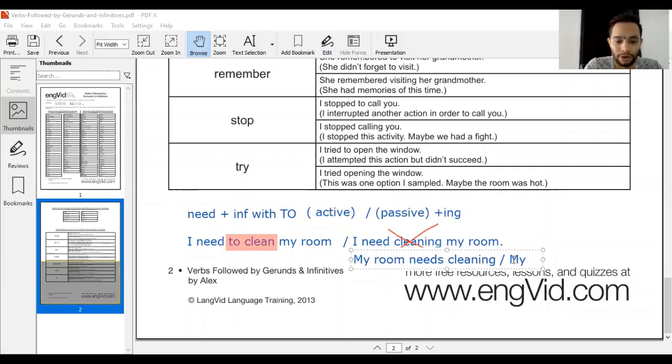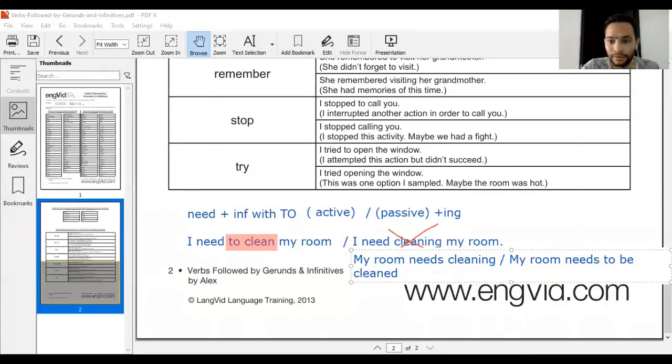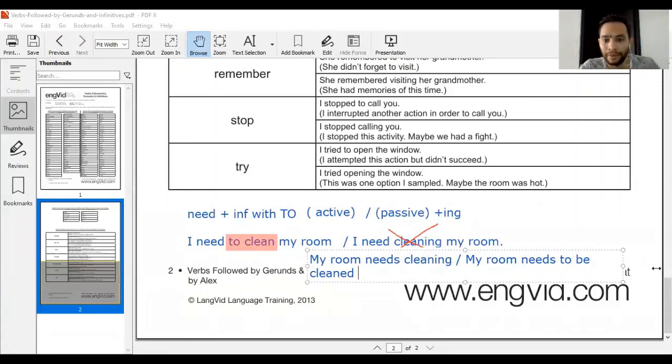Let's do the other form that is also possible: "My room needs to be clean." All right, so take a look, guys. This is what happens.